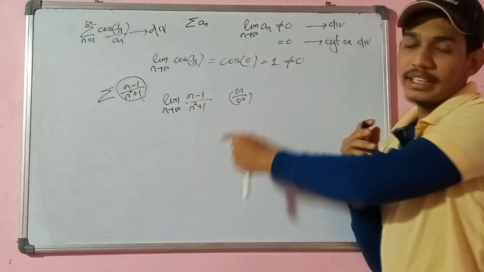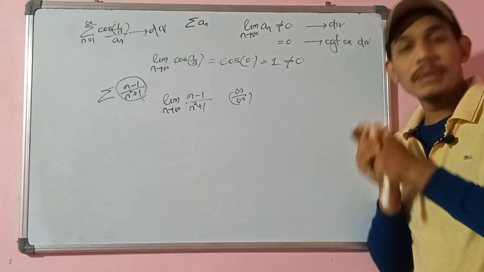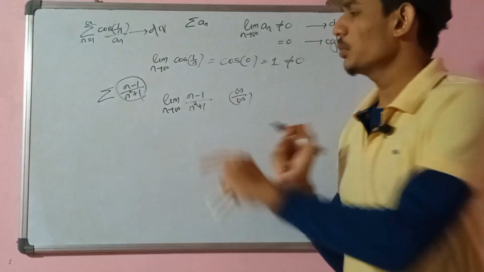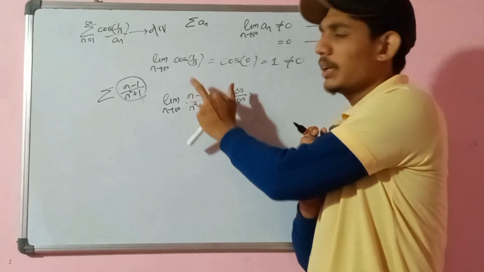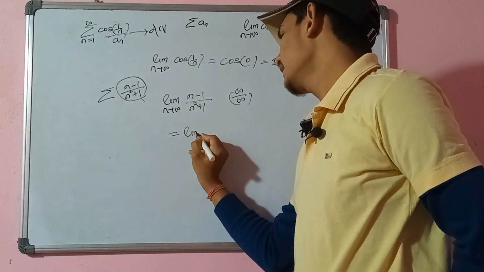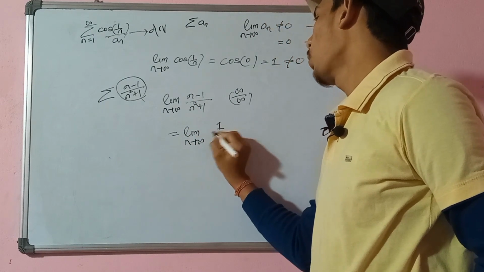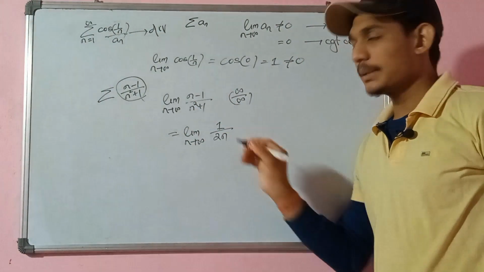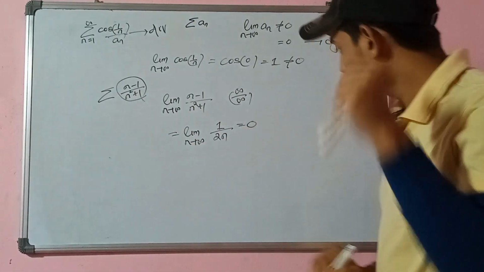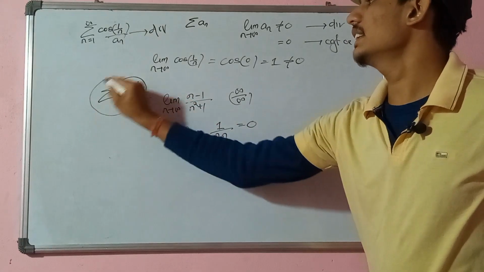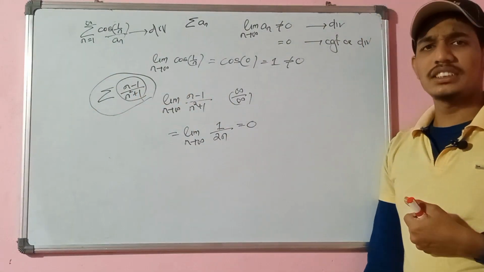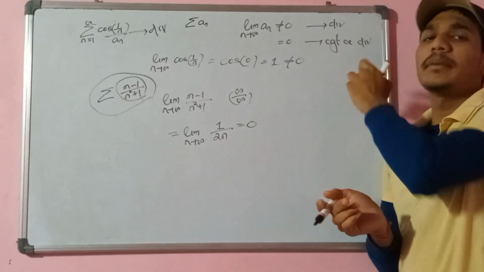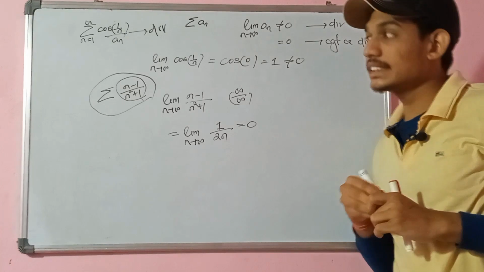So if you are getting infinity by infinity or 0 by 0 form, then blindly apply L'Hopital's rule, means you have to differentiate with respect to n, both in numerator and denominator. So what will you get? Limit n tends to infinity of 1 by 2n. Now put infinity in place of n, and you will get 0. Then will this series be convergent or divergent? You can't say anything, because if it is coming as 0, then it may be convergent, or it may be divergent.